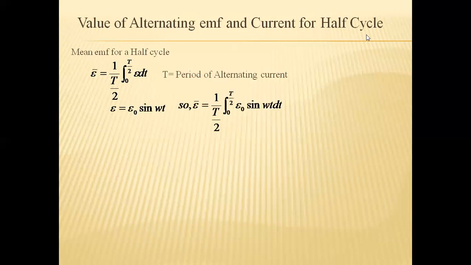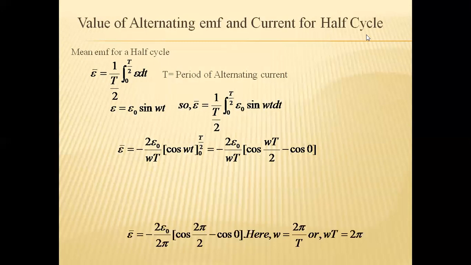Then we get the result E bar is equal to minus E naught by omega T cos of omega t, now using the upper limit and lower limit 0 to T by 2, minus E naught by omega T times [cos of omega T by 2 minus cos 0].